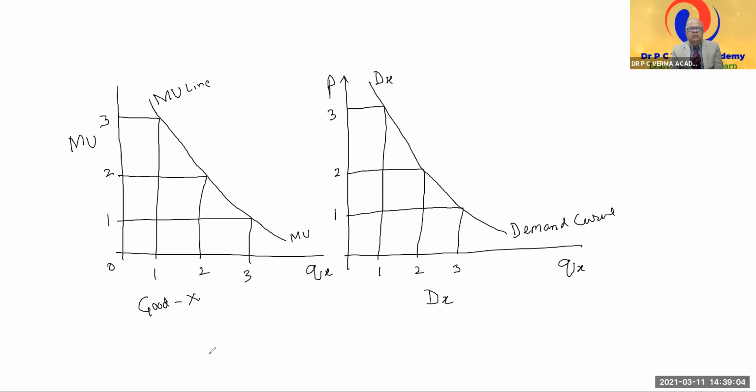So there is a relationship between the marginal utility line and the demand curve. Both are downward sloping. The demand curve originates from marginal utility, because marginal utility is equal to price.